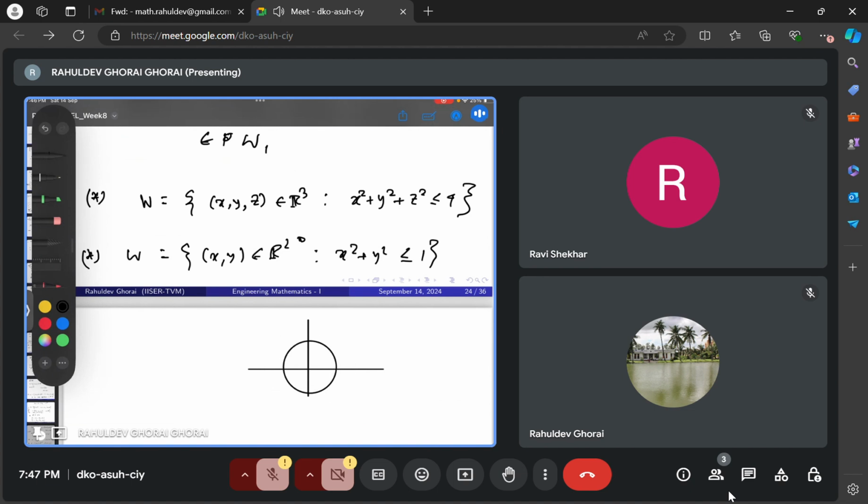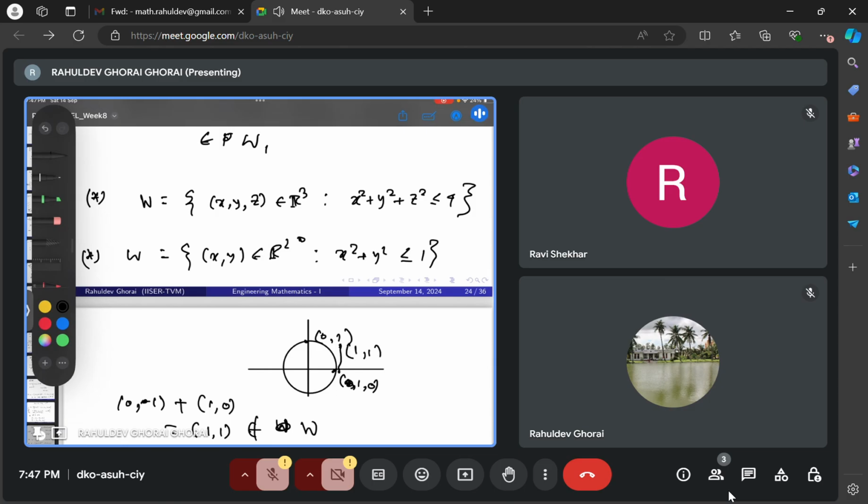So this is a circle which has 1, 0 here, and you have 0, 1. But if you add 0, 1 plus 1, 0, that will be 1, 1, which does not belong to the circle. 1, 1 will be kind of here, right?